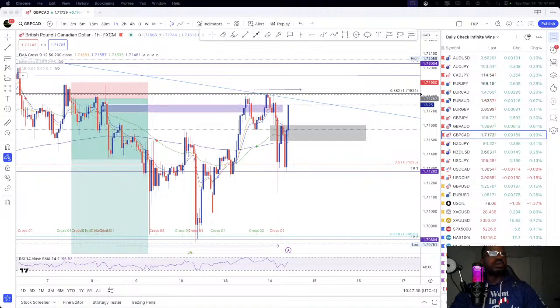Okay, so we want to see what's going on right here with pound CAD. There's a chance we can get a reversal right here if price rejects at these highs. So let's see, we got 12 minutes left in the close of this candle.